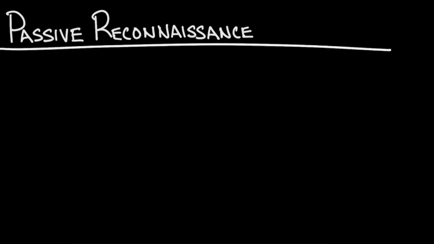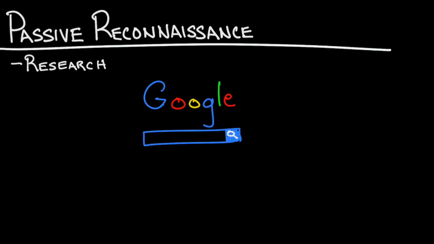Passive reconnaissance is research without giving the target organization an opportunity to detect your activities. A lot of this research could be done on Google. We could use Shodan to see vulnerable systems associated with this organization. We could check their DNS records.